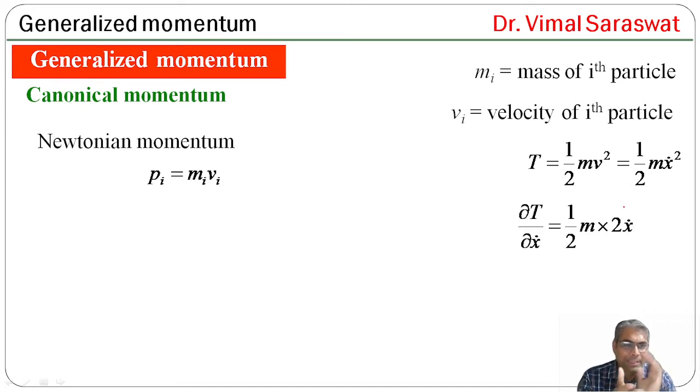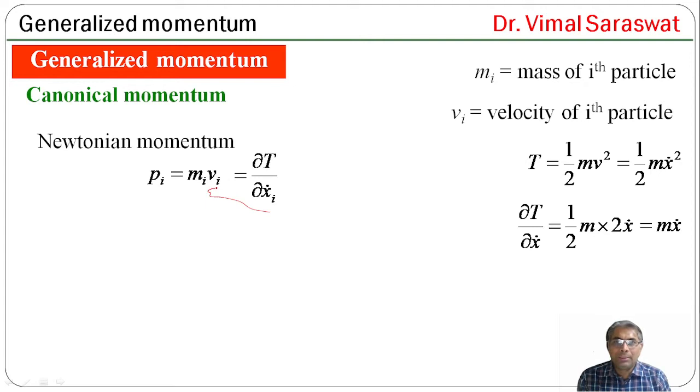Now if we differentiate T with respect to velocity, or with respect to x dot, then half m is constant, so this will be as it is, and the differential of x dot square is twice x dot, and 2 will be cancelled out, so del T by del x dot is m x dot, and m x dot is actually momentum. So in Newtonian mechanics, the Newtonian momentum of the ith particle pi is del T upon del xi dot.